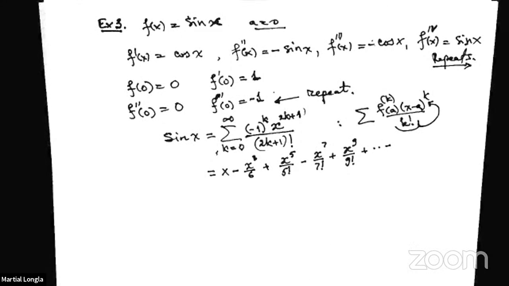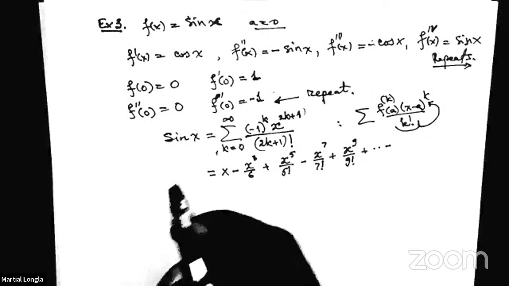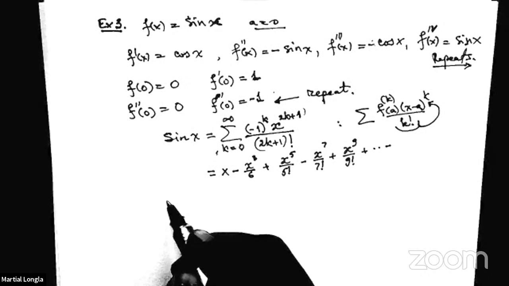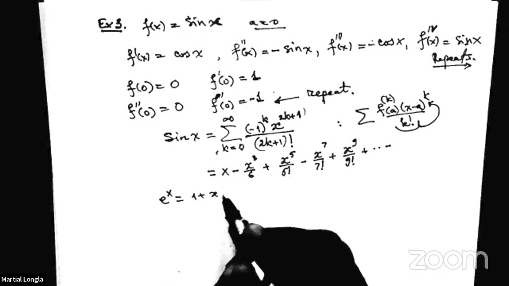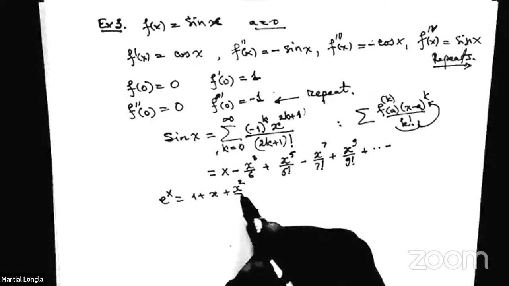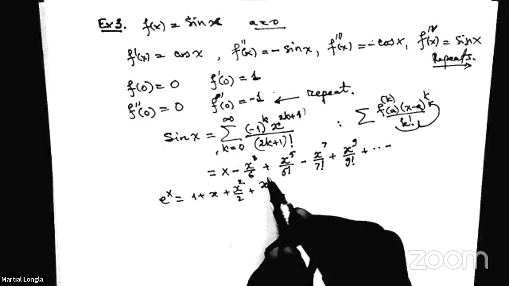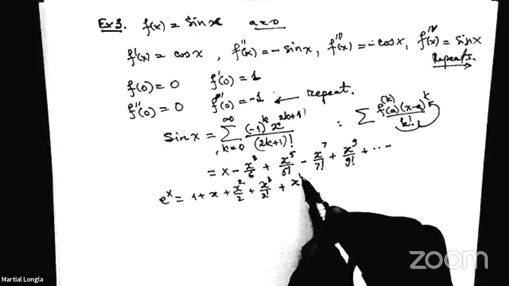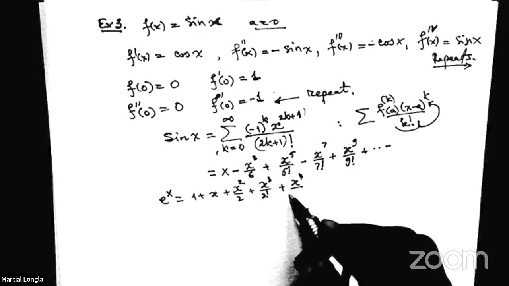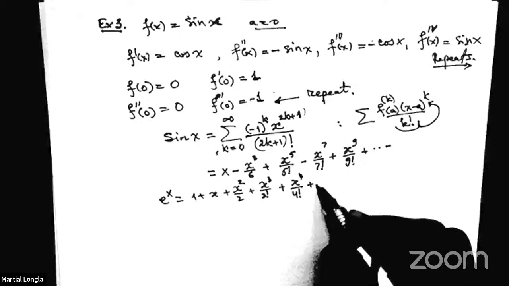That's what it means. And what we got for e to the x was 1 plus x plus x squared over 2 plus x cubed over 3 factorial plus x to the 4th over 4 factorial and so on.